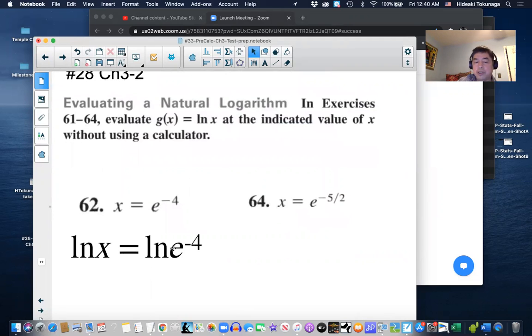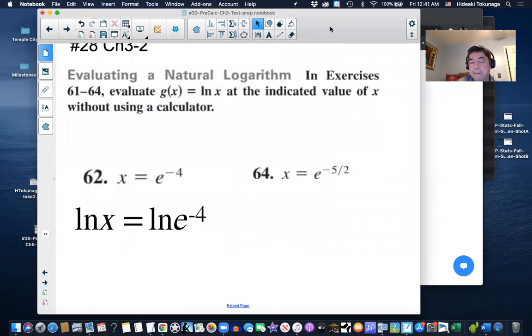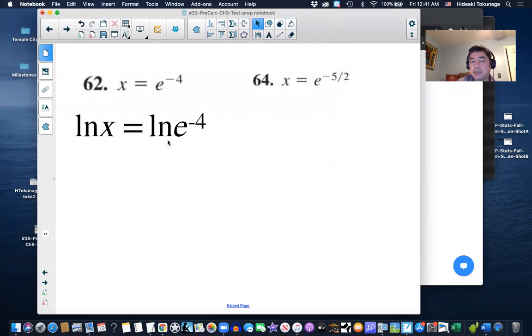So when you see this, you can cancel out, because this means log base e. So e to what power is e? 1, right? So this is going to be 1.